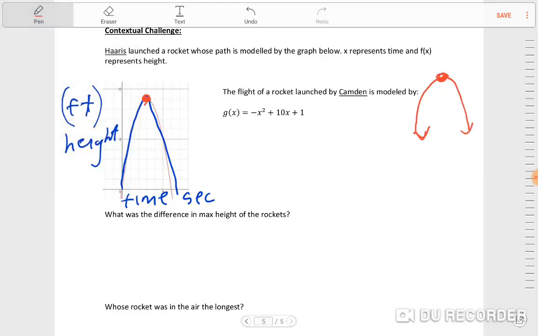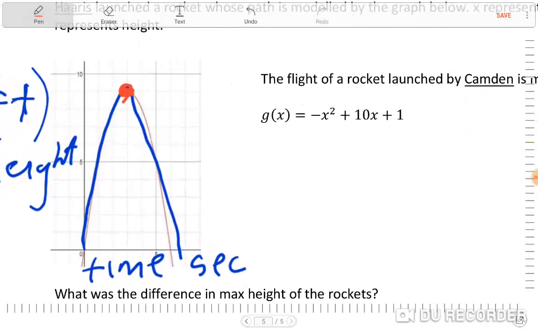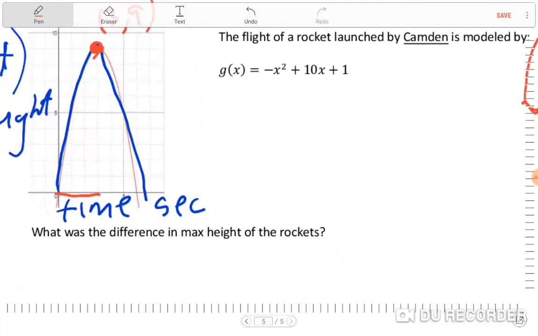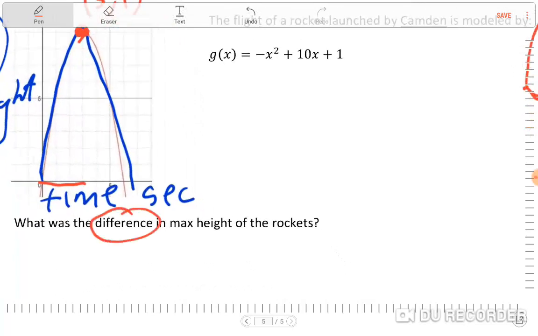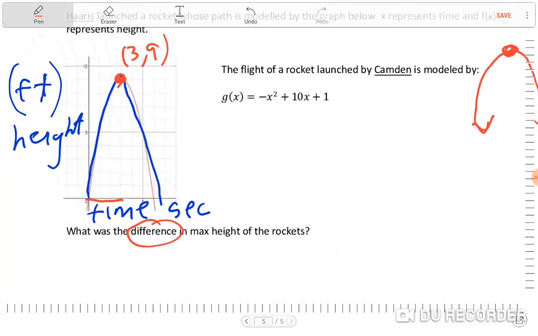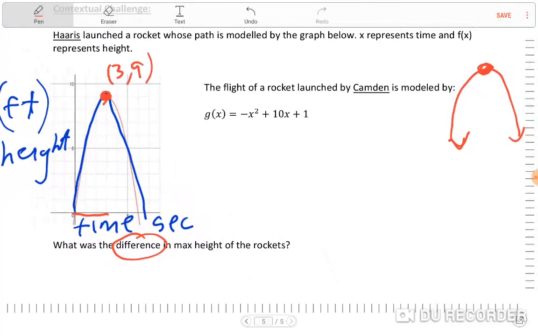Well, Harris, we can see it. If we zoom in here, it looks like it took Harris 3 seconds to get there, but his rocket reached 9 feet. Difference in math means subtract. So once I find Camden's height, I'm going to subtract them.